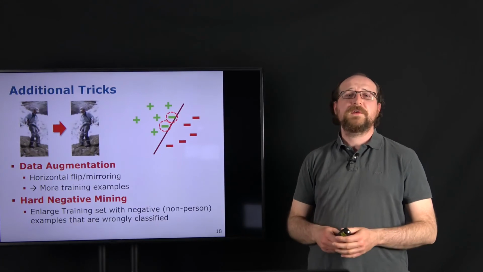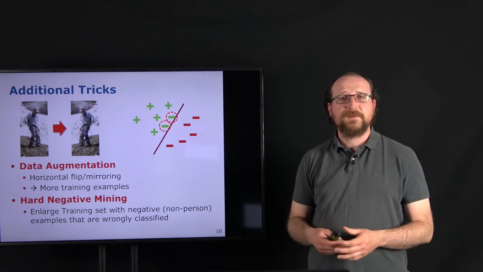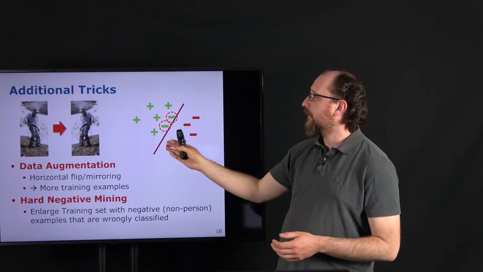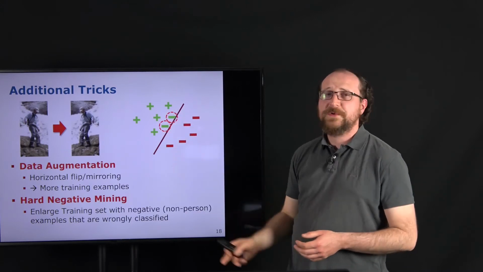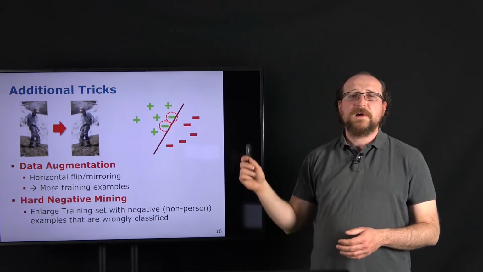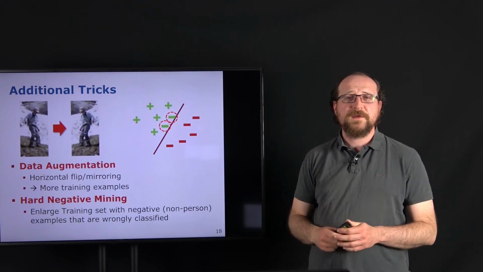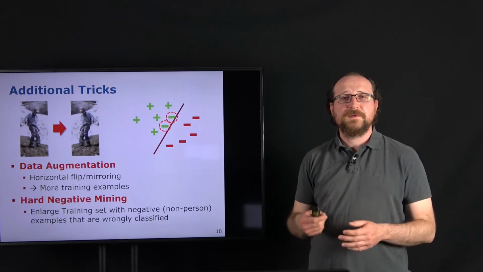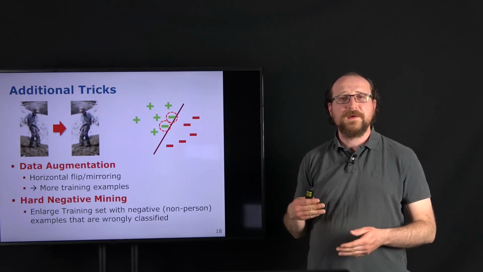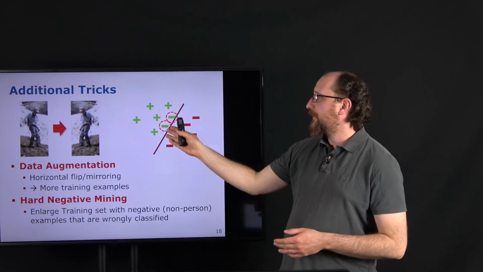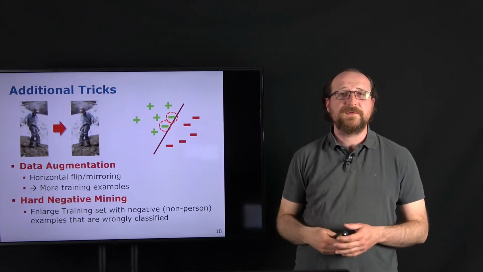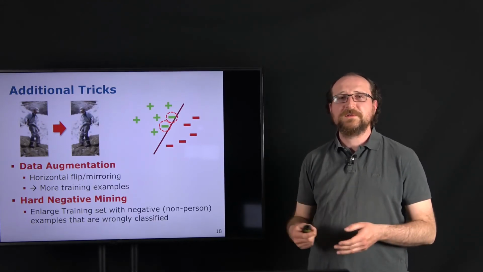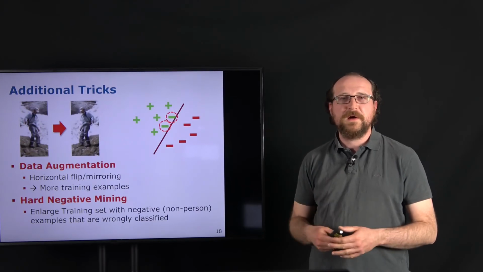But some of these negative regions are very hard, close to the decision boundary. In this case, these negative examples would be classified as person, and these are added back to the training set, and then the classifier is learned again. The hope is that for these hard examples we get a better decision boundary that also captures these negative examples. And when we are using this, we get a strong classifier in the end.